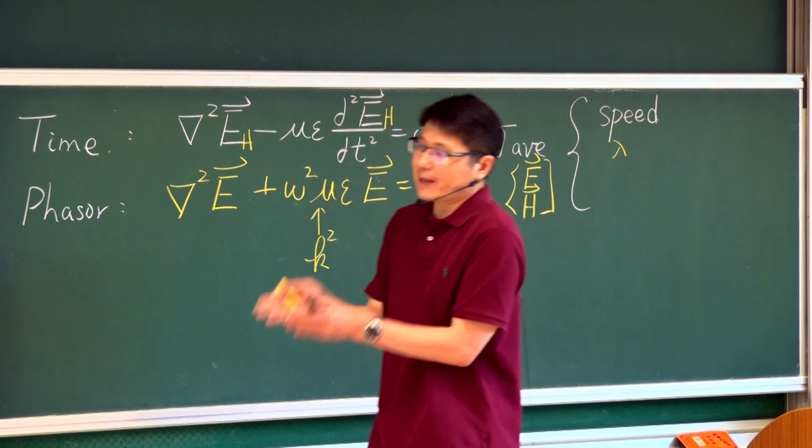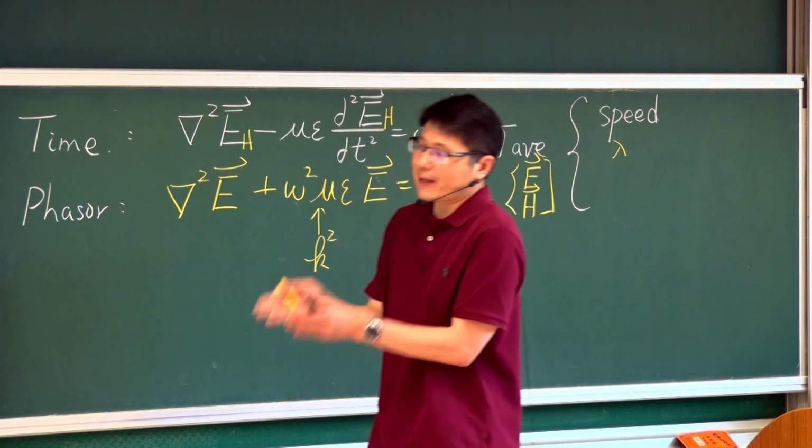So these are the important messages behind Helmholtz equation. So now that you know, if you have a material and you have a wave propagating inside, then you would have the E field and the H field propagating in the same direction with the same speed. That means you have the same velocity. Right? Velocity is a vector, so you combine these two, you have the same velocity.